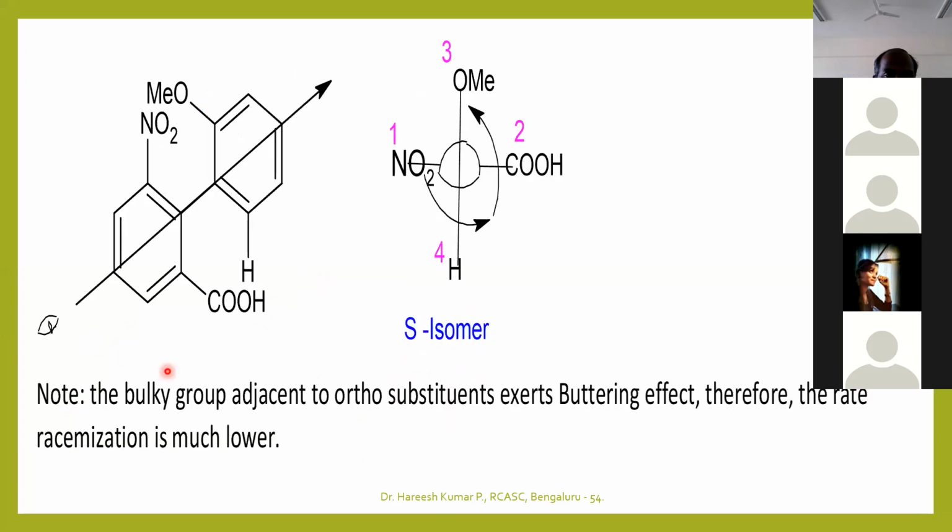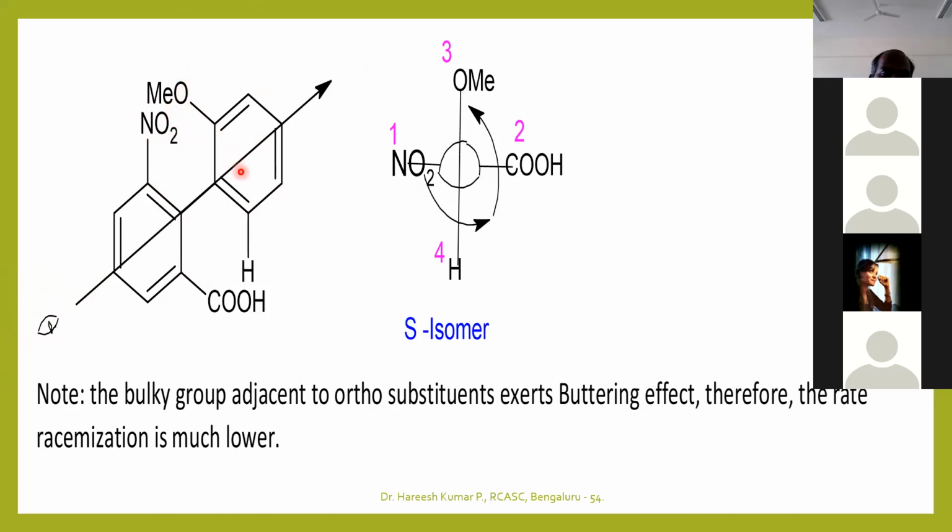So let's look into one more example. NO2, COOH, methoxy and H. When the chiral axis is passing through this in this way, these two groups are nearer groups and these two groups are far groups. So nearer groups take the priority 1, 2, and here this will be the 3.